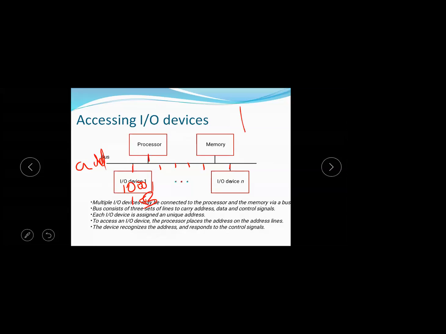Now the processor wants to communicate with the keyboard. The processor places the address 10001 on the address line. That address is transmitted to all the devices, and the address decoder decodes that address and matches it to the device address.